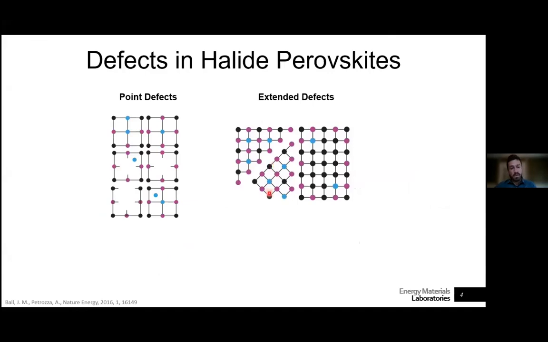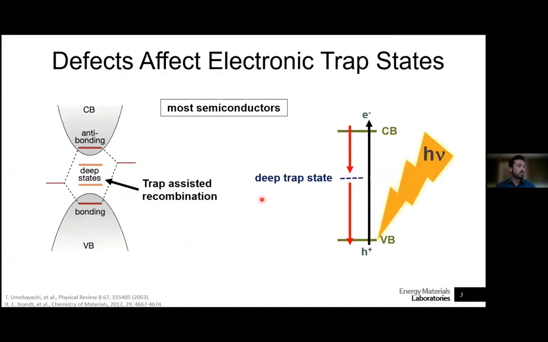In perovskites, as in any material, we can have point defects or extended defects, one-, two-, or three-dimensional. The advantage of perovskite materials is that, differently from many other semiconductors, where the top and bottom of the valence and conduction bands are formed by bonding and antibonding orbitals, if we remove an atom, we normally create defect states within the band gap of the material, which contribute to non-radiative recombination.